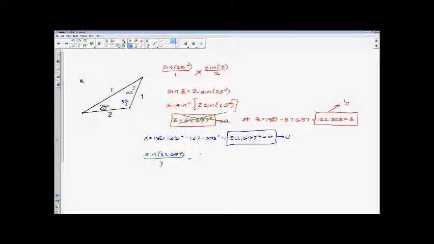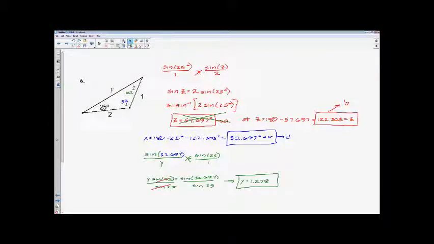Use the given information as much as you can. Then we will cross multiply and punch that in the calculator. We get y to be 1.278. That is what I was expecting. I should have gotten something between 1 and 2, and that's what I got. So I'm happy. All of my side lengths and angles make sense.